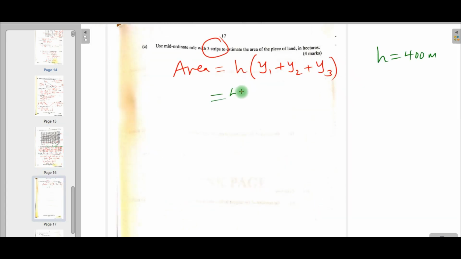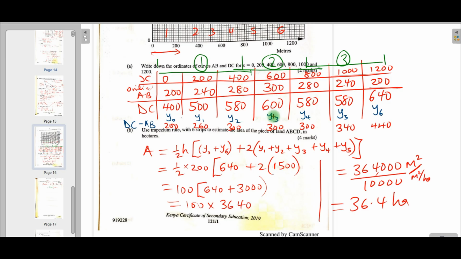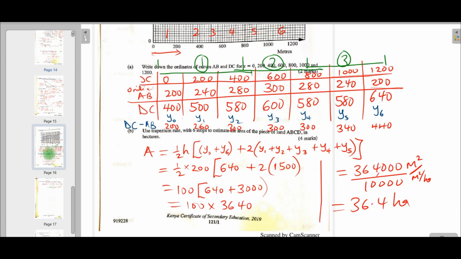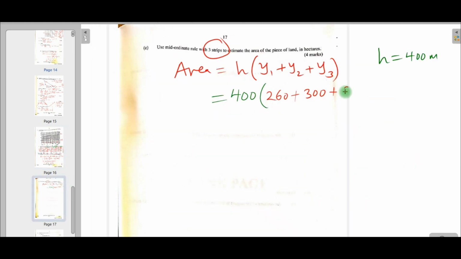So we have 400 times the sum of 260 plus 300 plus 340, that is 900.